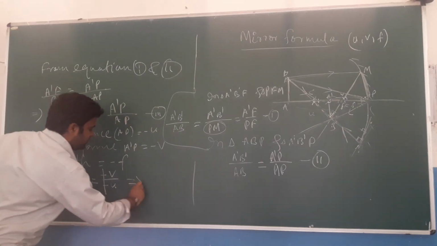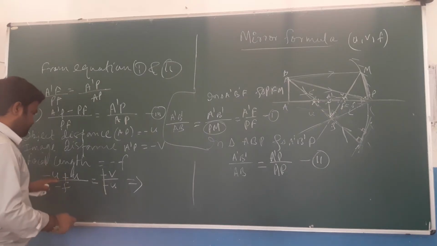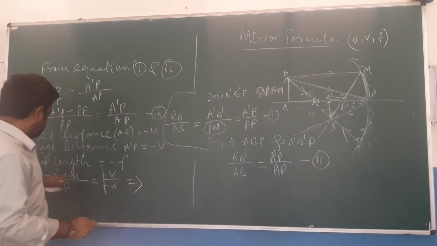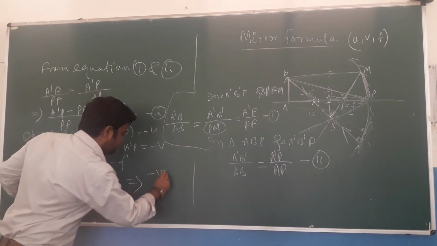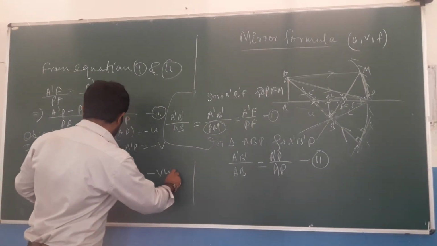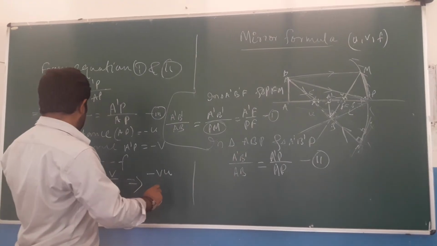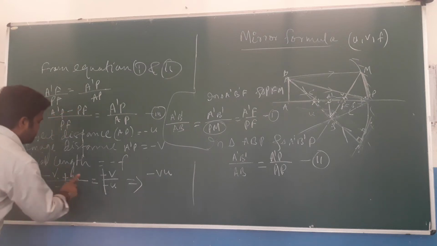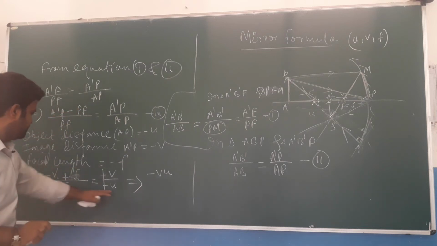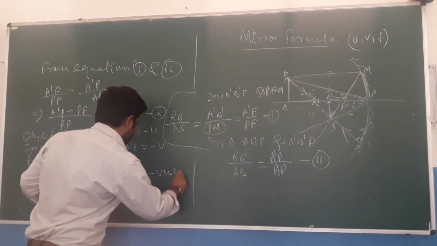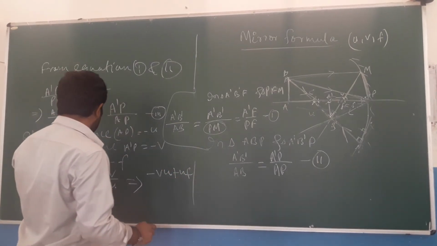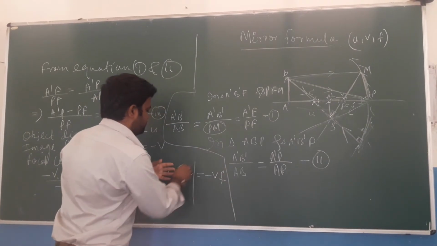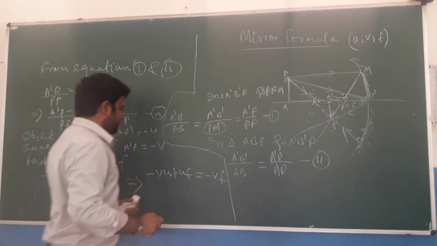This is v, A'P is v. So if we cross multiply, this will become minus vu plus, and PF is f, so minus vu plus uf is equal to minus vf.